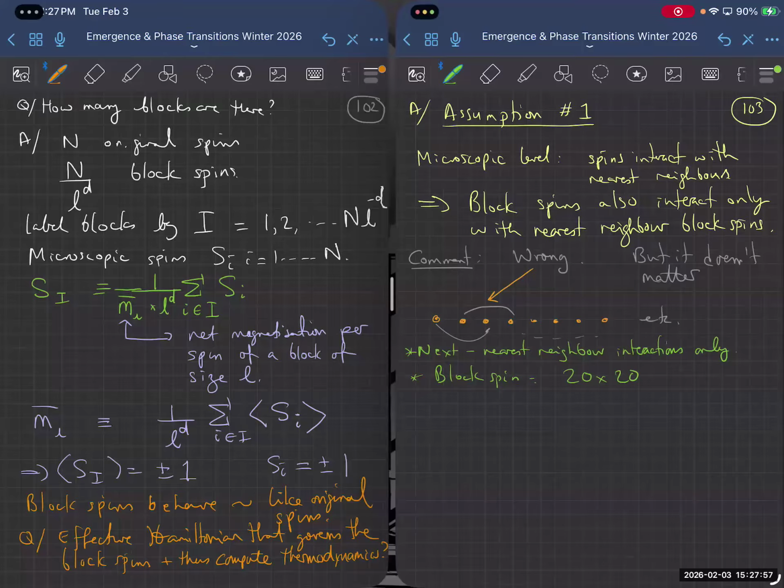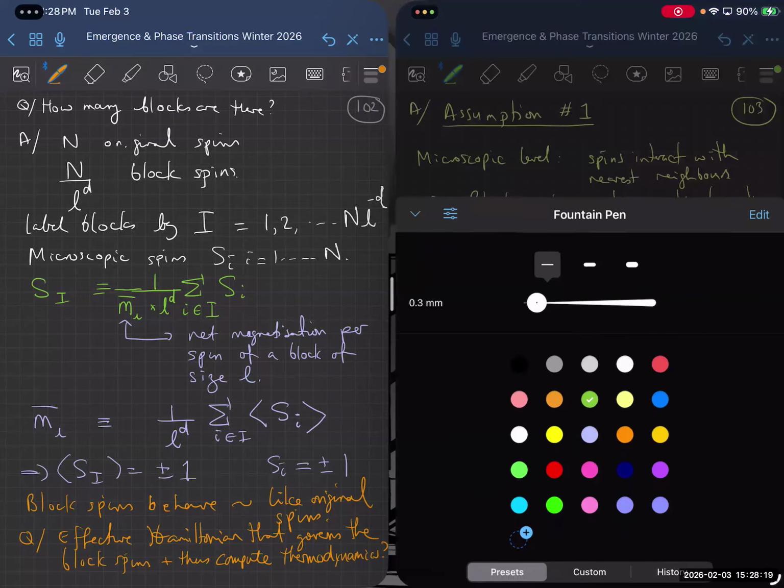Then you're basically going to see a big block spin. The spins interact with their next nearest neighbors, but you can hardly see those. It would be very weird if this block spin over here didn't interact with the one next to it, but only interacted with the one further away. So then you would have a weird picture, which would look like this.